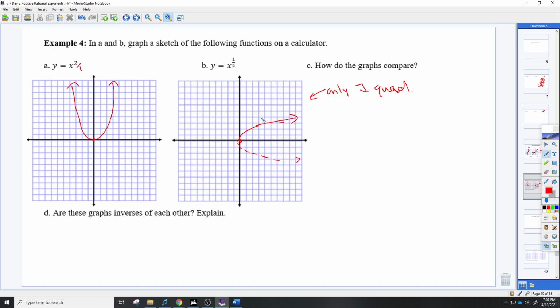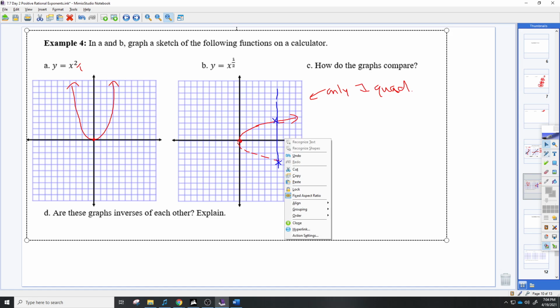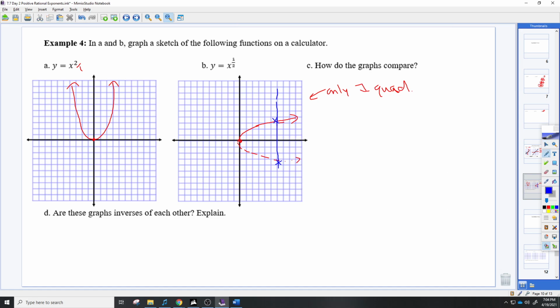Well, for one reason, this has to be a function. If you do something called the vertical line test, it would fail, right? If you draw a straight line and it hits 2 points, this would not be a function. And these graphs only graph functions, so it can't have the negative part here. Secondly, remember, you actually get two separate graphs.